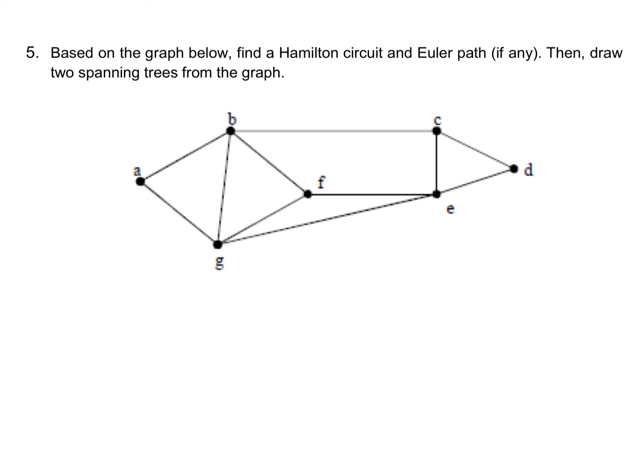Draw two spanning trees from the graph. Okay, so to draw this spanning tree, we need to know what a spanning tree is first. It is a spanning tree when it is a subgraph of the given graph, sorry.